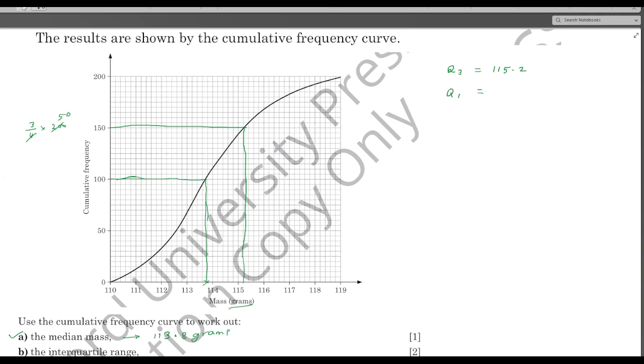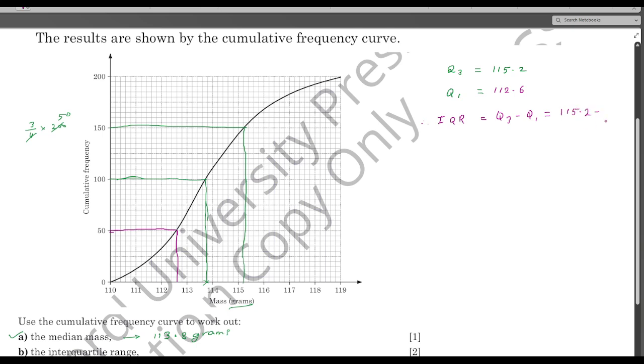Q1 is your first quartile. So this is your 50th value. If I draw a horizontal line and then a vertical line, I get this value as 112.2, 4, 6, so 112.6. And therefore your interquartile range will be Q3 minus Q1, which is 115.2 minus 112.6.